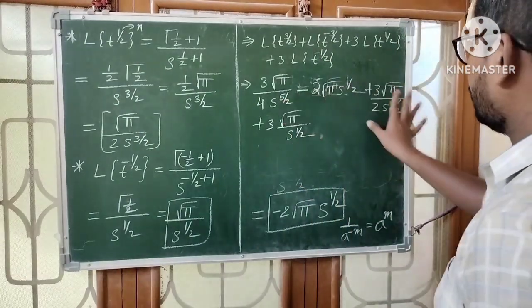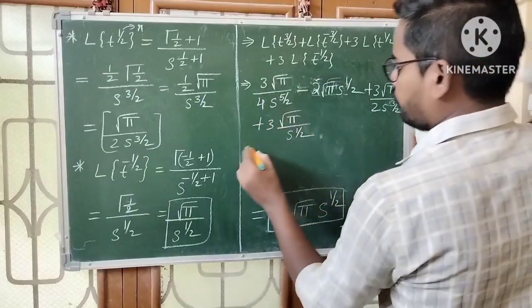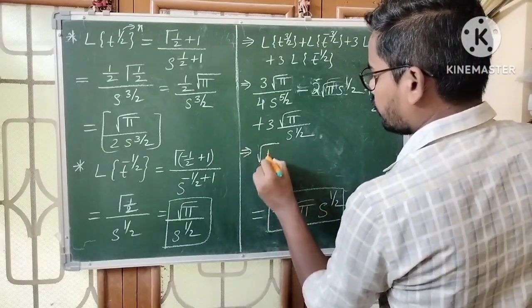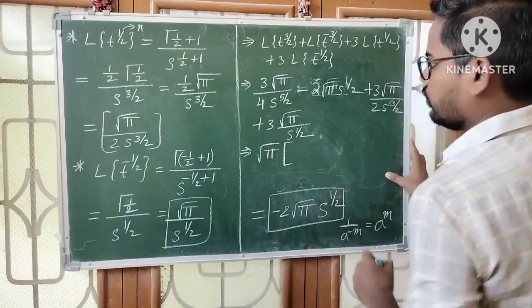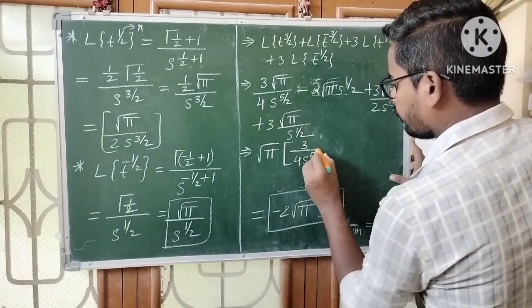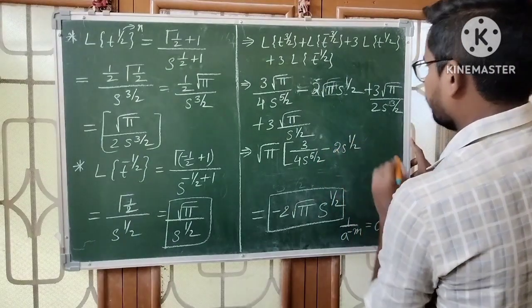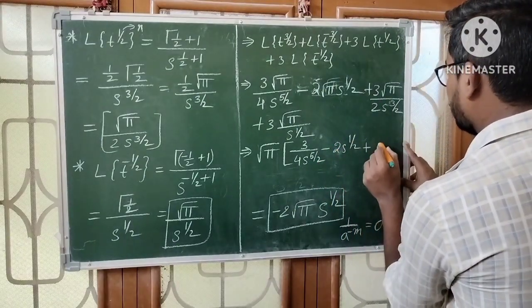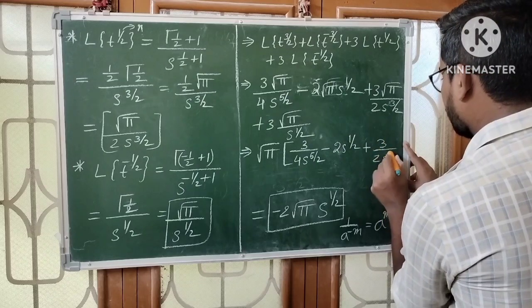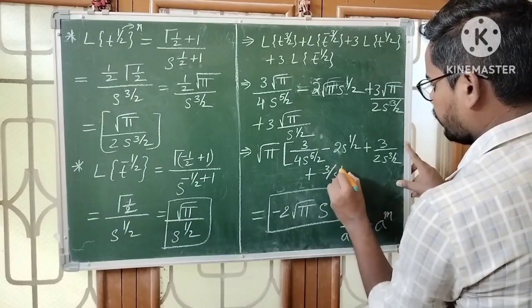If you look at all these terms, what is the common thing? Root pi is common. Take out root pi common among all the terms. So remaining terms: 3 by 4 s power 5 by 2, minus 2 s power 1 by 2, plus 3 by 2 into s power 3 by 2, plus 3 by s power 1 by 2.